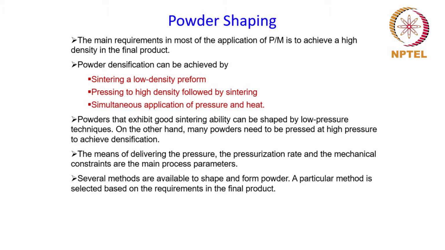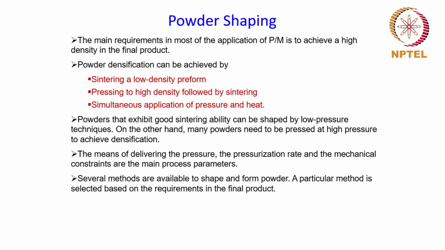But in this case, the pressure and the heat are applied simultaneously, right? So the equipment which is used for that should have the provision of heating the powder and also pressurizing it simultaneously to densify it.